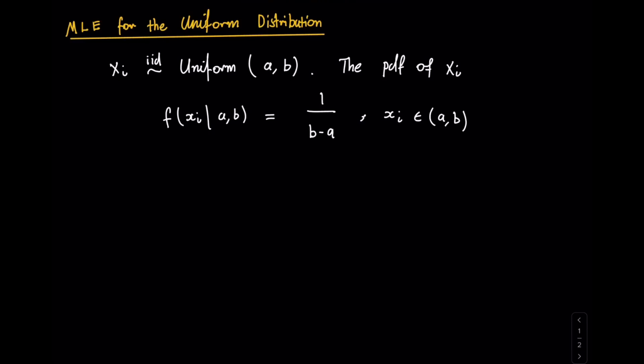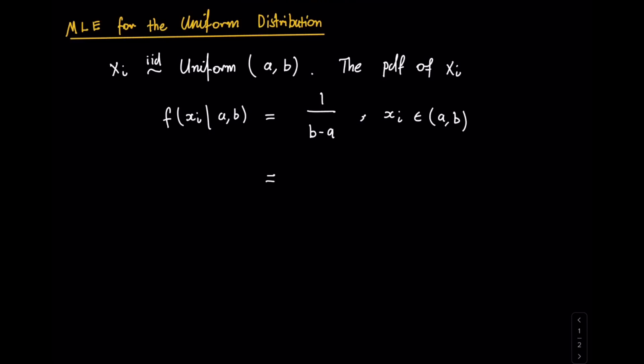Now, because it's 0 elsewhere, I'm going to rewrite this function a little bit differently, and this is going to help us derive the maximum likelihood estimate. It might not be obvious just yet why, but bear this in mind.